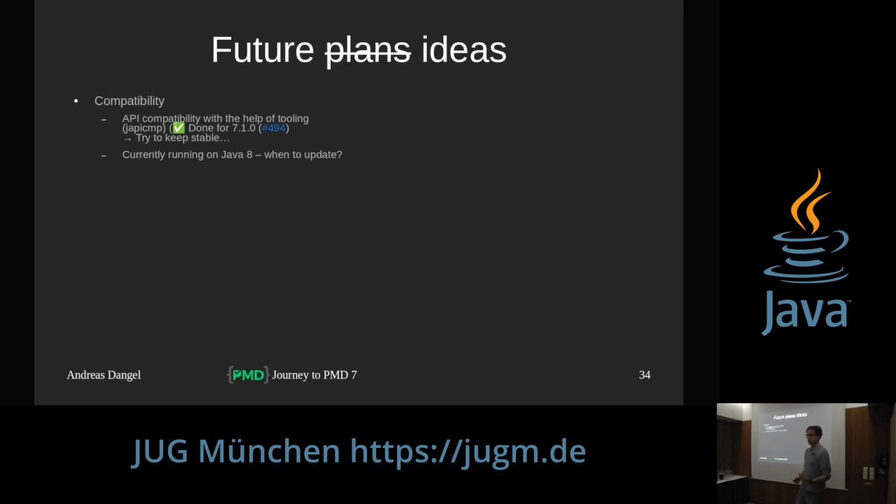So we now have a plugin enabled that checks it for us, so that we hopefully don't break it accidentally. We can still break it if we change something semantically. And one funny thing is we upgraded with PMD 7 to Java 8. Isn't it fantastic?